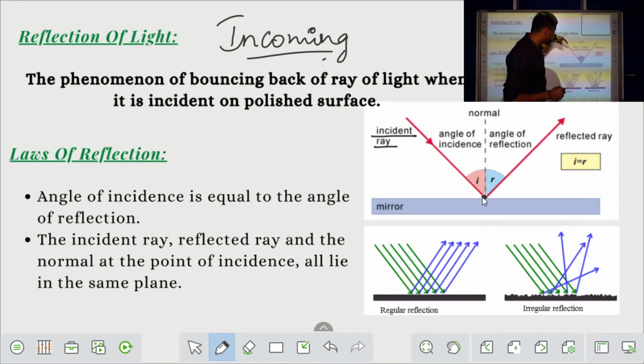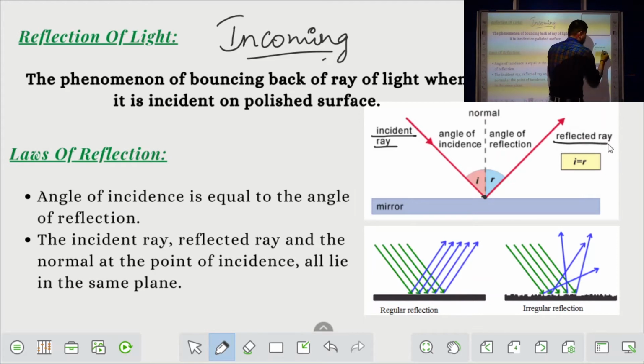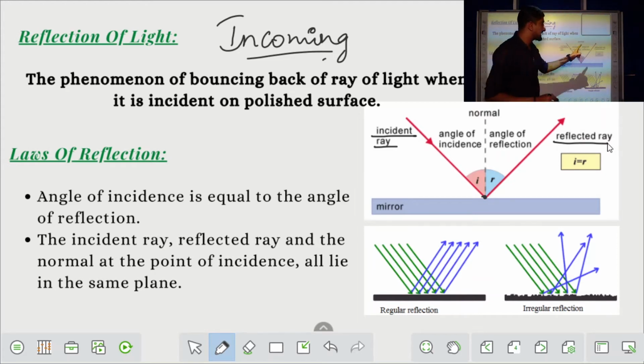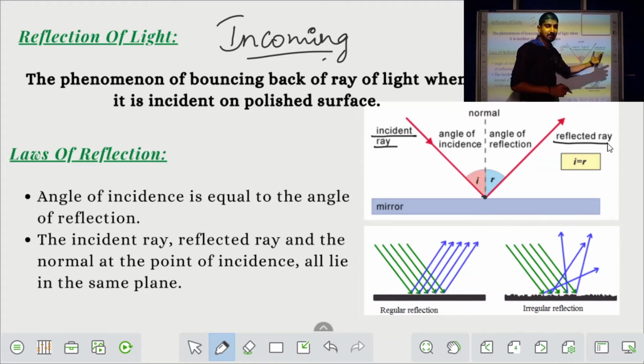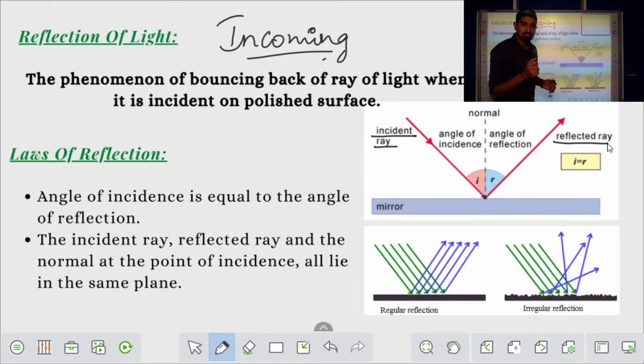The ray of light is made to fall on the surface, and now it has to get bounced back. When it is bouncing back, that ray we call the reflected ray. So the incident ray is the ray which is coming and falling on the surface. The reflected ray is the bouncing back of light. That phenomenon is called reflection.